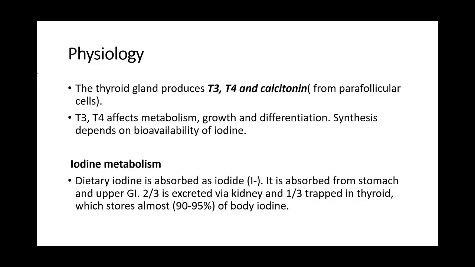The thyroid gland produces triiodothyronine T3, tetraiodothyronine or thyroxine T4, and calcitonin, which is produced from the parafollicular cells. The T3 and the T4 affect metabolism, growth, and differentiation. Okay, and the synthesis of these hormones depends on the bioavailability of iodine, which we will see shortly.